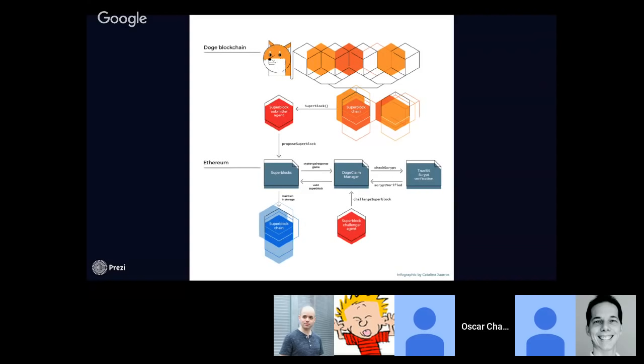So yes, the 1 hour sizes are required. There is a trade-off between the size of the super block and the amount of gas that super block emitters have to spend per day, and how much time the user has to wait. So the bigger the super blocks, the less gas to be spent by super block emitters, but more time for users to wait, and the other way around.